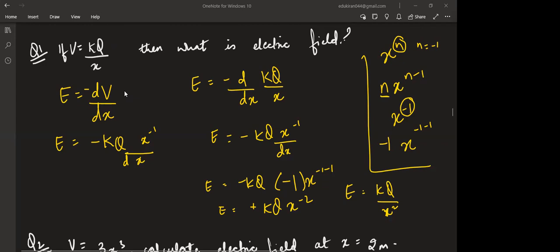No, we didn't integrate here. We differentiated. Here differentiation is occurring and we put the value of potential, so we differentiated this term, not integrated.